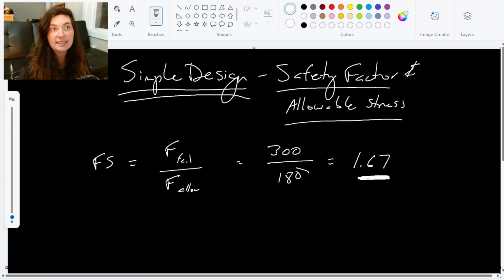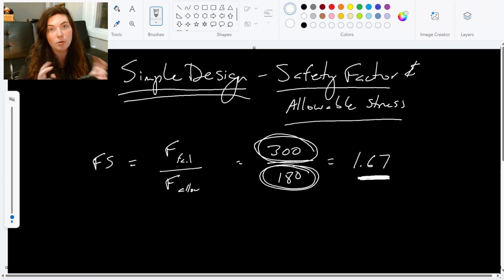So it advises no more than 180 pounds, but it doesn't fail until 300. So your 200-pound person could continuously sit on this chair and still be safe, even though it's not technically in the allowable stress design. This is one of the simplest ways that we can design things. We can set an allowable stress that gives us this factor of safety wiggle room before something fails.